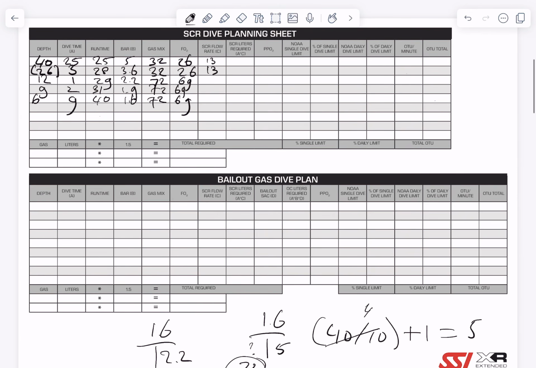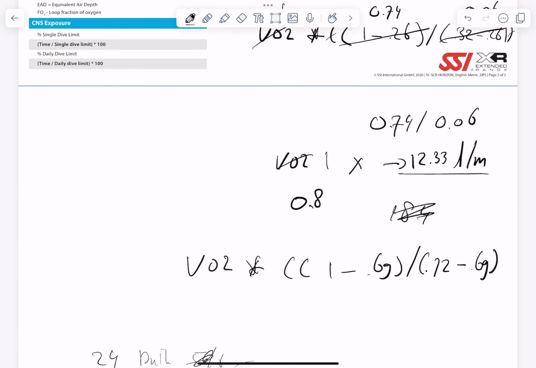Well, not really difficult, right? Let's do this one more time. So FO2 times bracket 1 minus 0.69 close bracket, divided by what we supply it, which is 0.72 minus 0.69. Let's get these numbers out of the way.